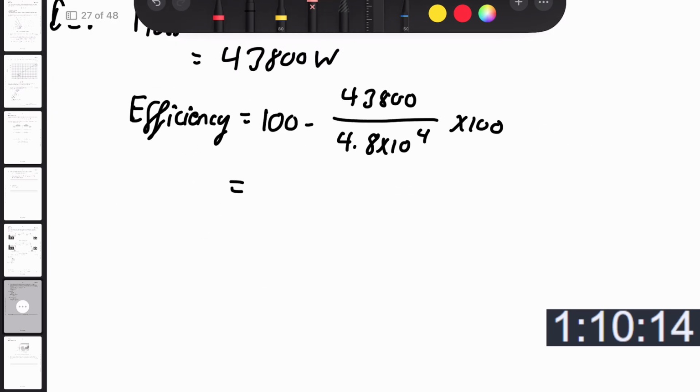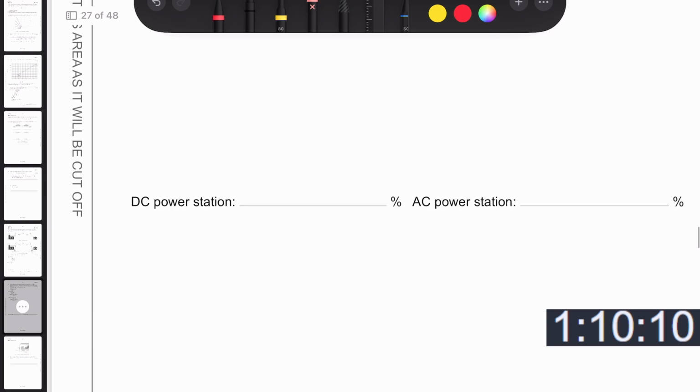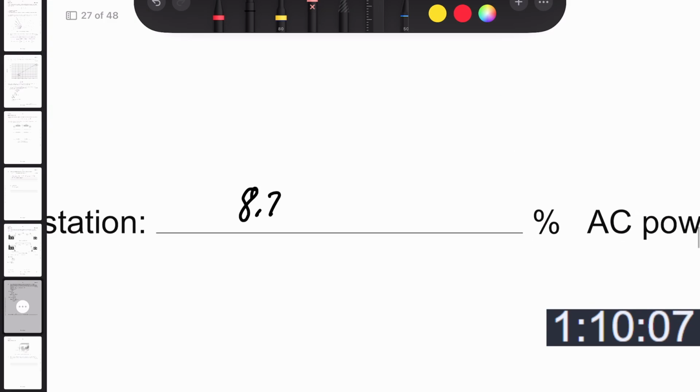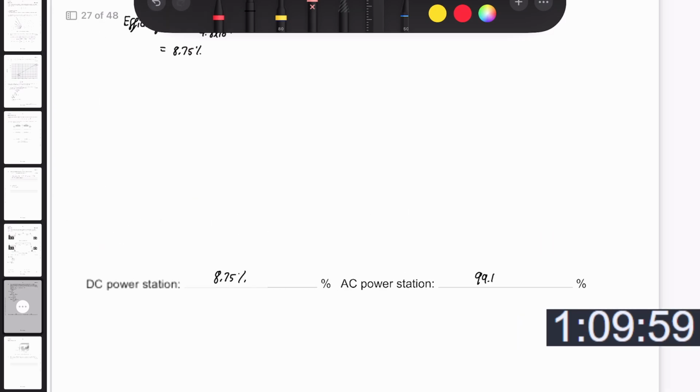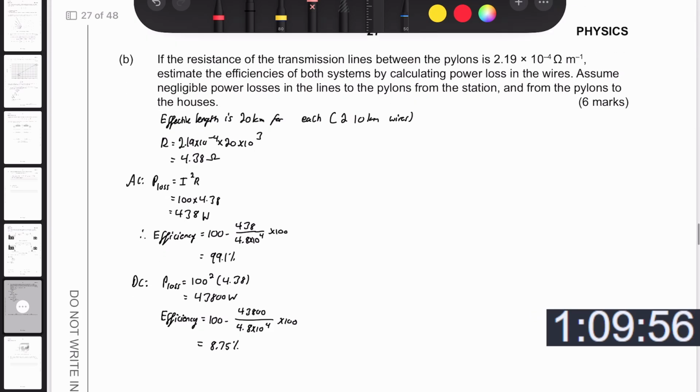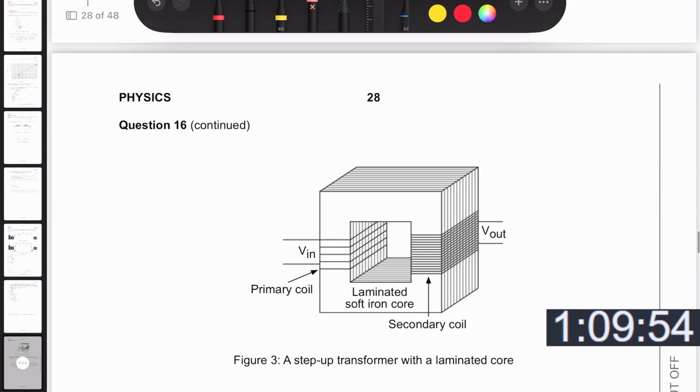So this is only 8.75%. So DC is 8.75, and then AC is 99.1. That seems very high, but I guess it is what it is.